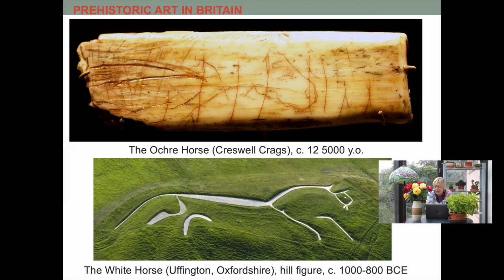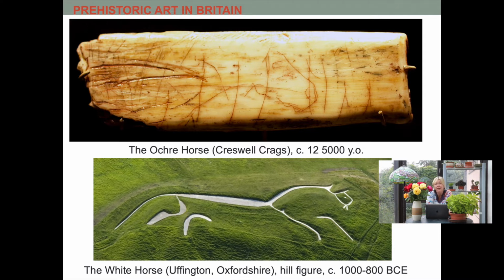Like here we have one of the so-called hill figures, that is the carvings, huge carvings made into the earth of the hills, and visible in its entirety only from the distance. This one is from Oxfordshire, the White Horse. As you can see, it's not very realistic.